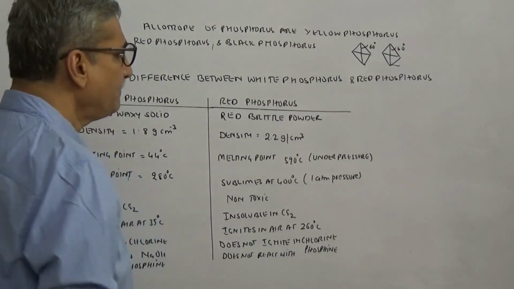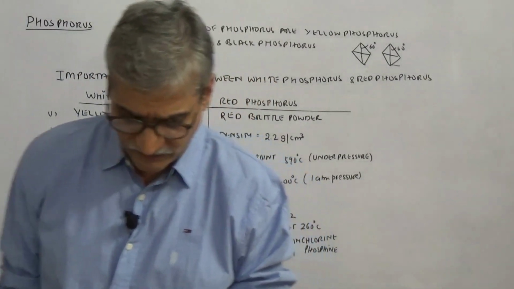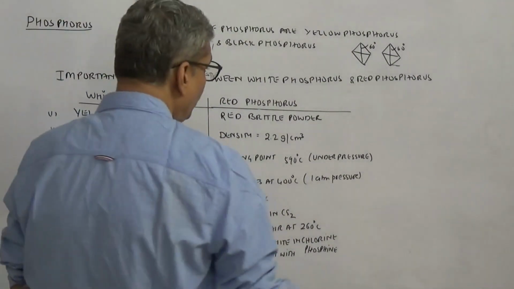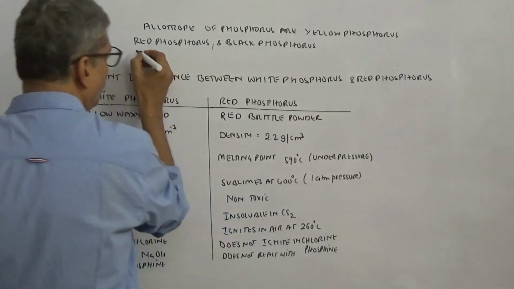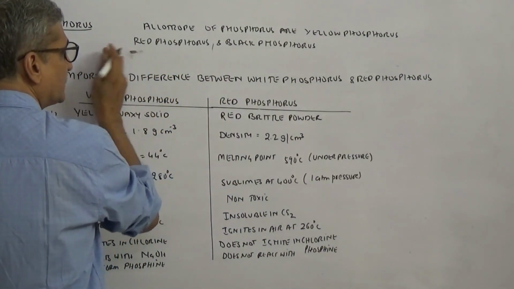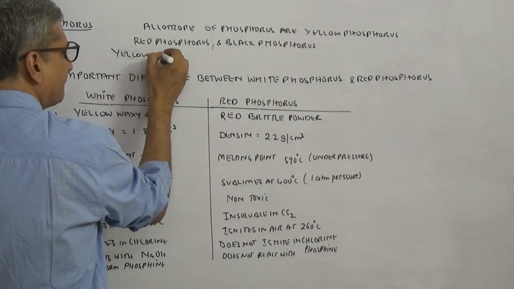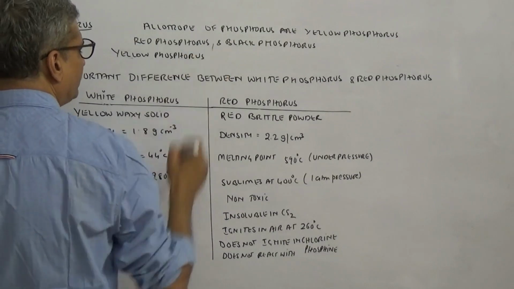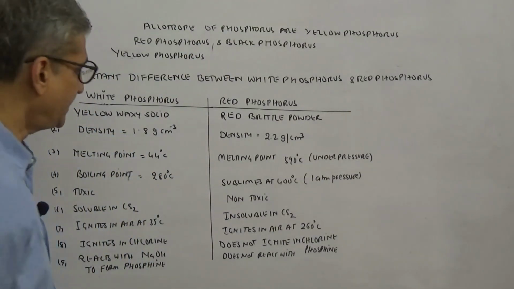This is clear. If you keep it for many years, it may transform, and because it's reactive, one of the most important things is that yellow phosphorus is kept under water. Let me be very clear. The moment it comes in contact with air, it immediately forms phosphorus pentoxide. Is this clear?